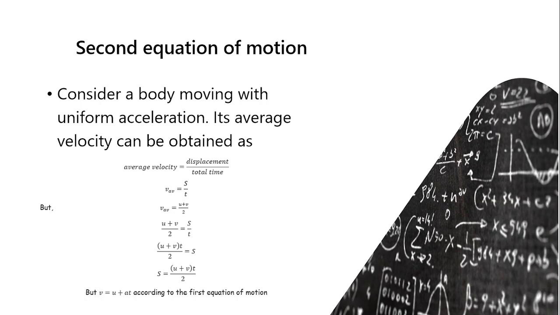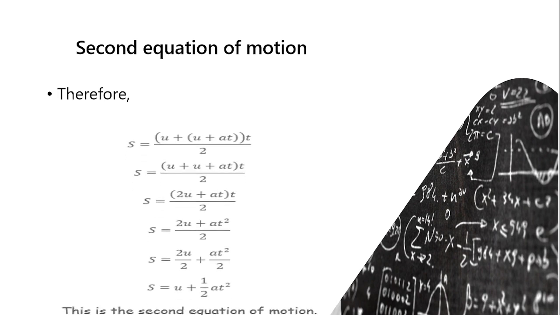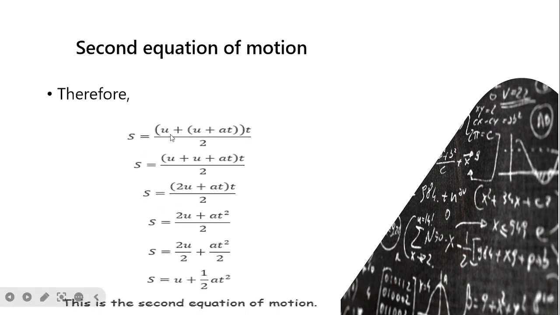Now, we know that v is equal to u plus at according to the first equation of motion. So this is how you can get the second equation of motion. I hope that's clear. Therefore, s will be equal to (u plus u plus at) times t over 2, so (u plus u plus at) times t over 2. If you add these two u's, it becomes (2u plus at) times t over 2.